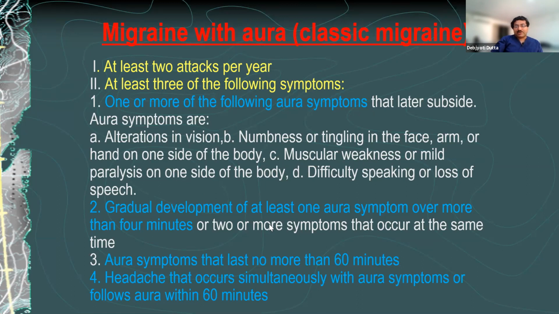Then gradual development of at least one aura symptom over more than 4 minutes, or 2 or more symptoms occurring at the same time; aura symptoms that last for more than 60 minutes; and headache that occurs simultaneously with aura symptoms or follows aura symptoms within 60 minutes. If these criteria are present, then we should consider that this is a classic migraine.